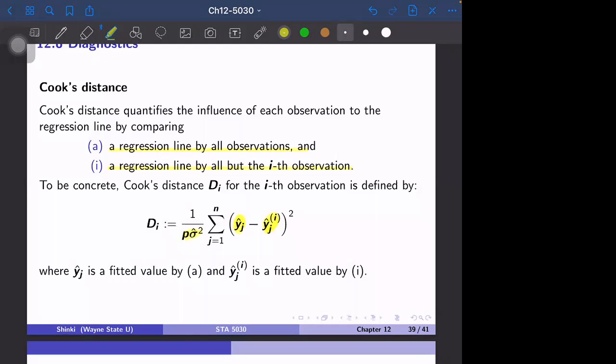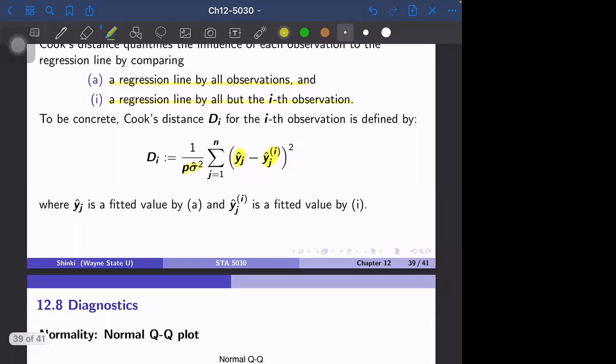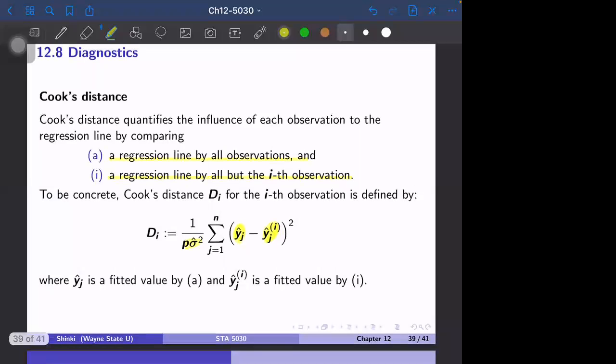This is just a normalizer, so it's the same for all i's and does not really matter. And D_i is defined by this quantity. This is called Cook's distance or Cook's D. This is a common technique, so that we exclude one observation and see the impact on the estimation results.